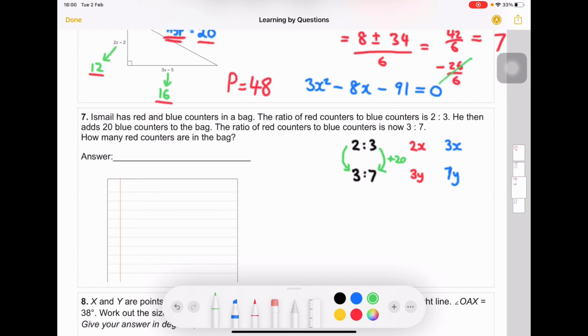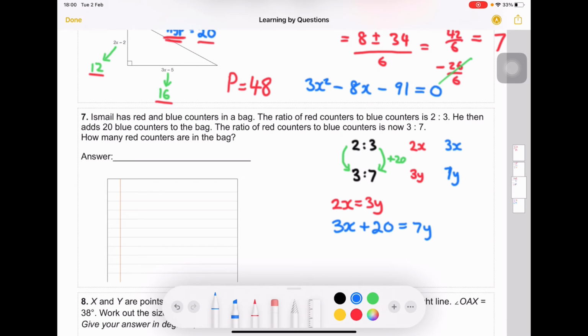What is happening from here to here? Well, nothing. We're not actually changing the number of red counters. So now I can write 2x equals 3y, because the total number of red counters will not change. It will stay the same. However, for my second equation, I'm going to write 3x plus 20, because I'm adding 20 blue counters, and that equals 7y.